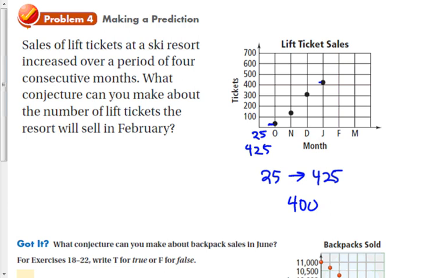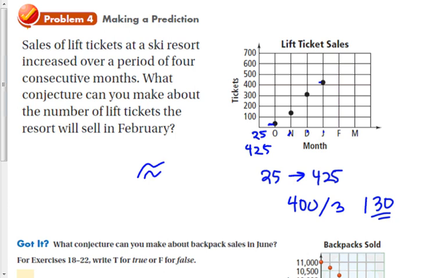And that is in 1, 2, 3 months. So it's going up about 400 over the course of 3 months. So we can divide 400 by 3 and just approximate that. That's about, let's say, maybe about 130. So if we're just averaging this out, we could maybe predict in February that we might want to add about 130 more to get approximately how many are sold.